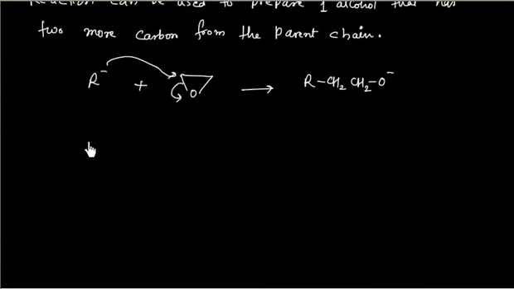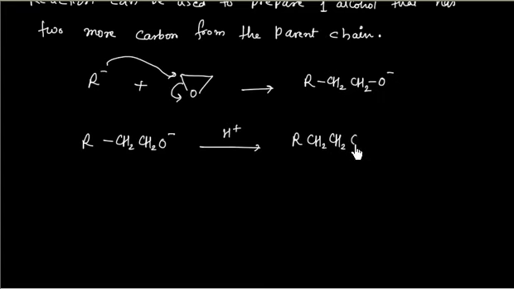Now the next step, if I do acidification of this, that is protonation, I will have RCH2CH2OH. That is a primary alcohol that contains 2 more carbons compared to the parent chain alkyl group.